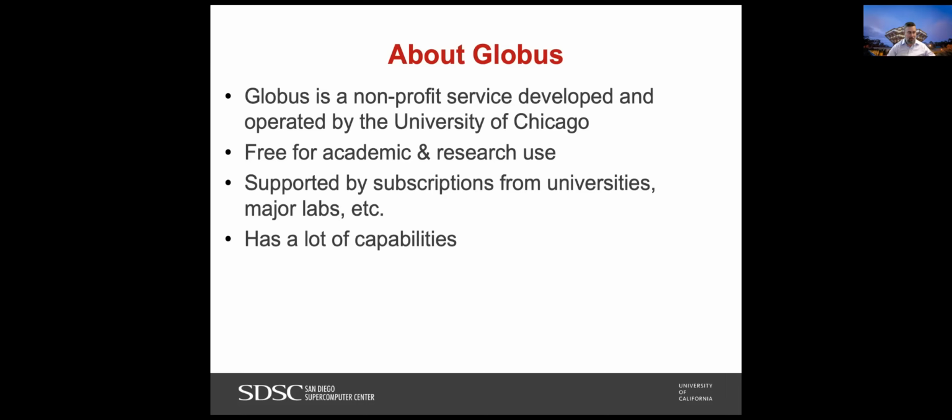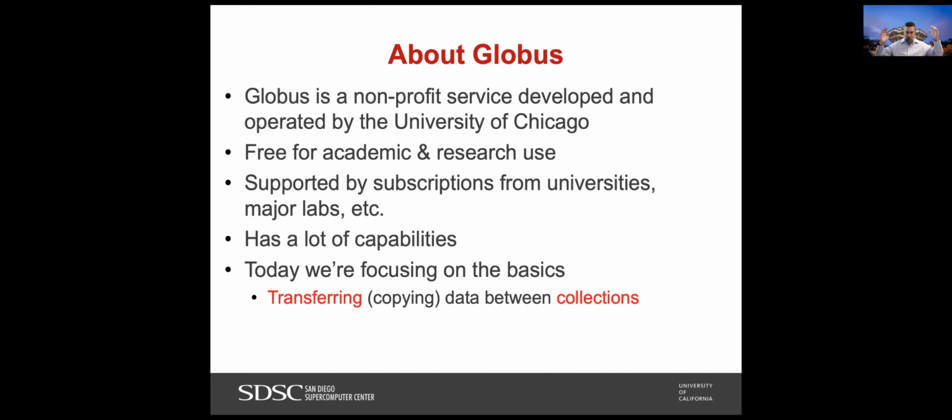But given that I want everyone to be able to go off and have lunch, we're going to stick to the basics today and do some initial familiarity, make sure that you have the tools you need, particularly for SDSC resources, to get data from point A to point B. So the term is transfer, which basically means to copy the data between what is now referred to as a collection.